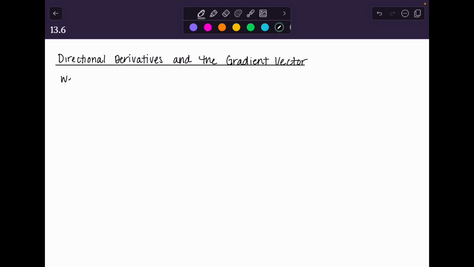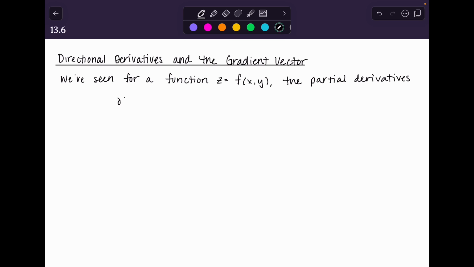So we've seen for a function z, which is a function of two variables x and y, the partial derivative of f with respect to x, specifically at a certain point, can be defined by a limit.